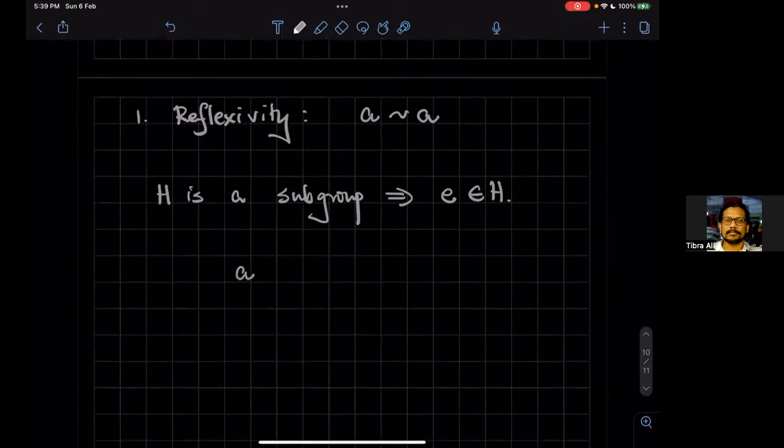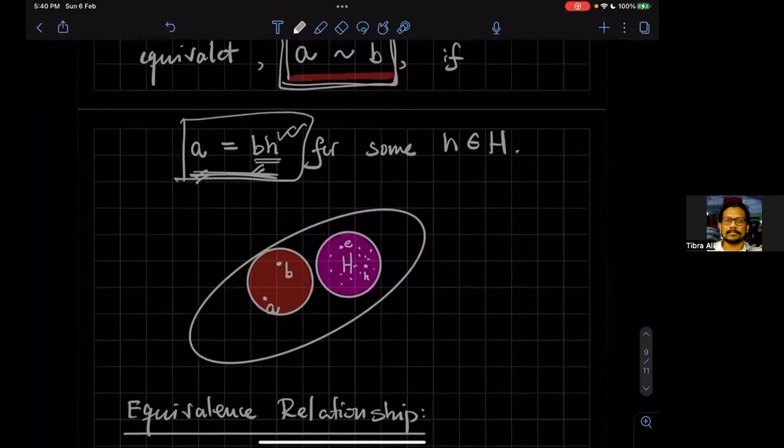So that means we can write A is equal to A times E, which has the form of A equal to AH, right? This is what we were looking for. Here A and B are the same, but H is the special element E.